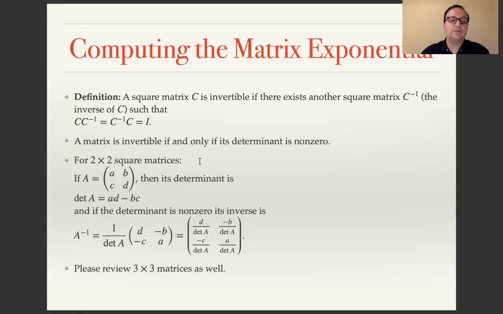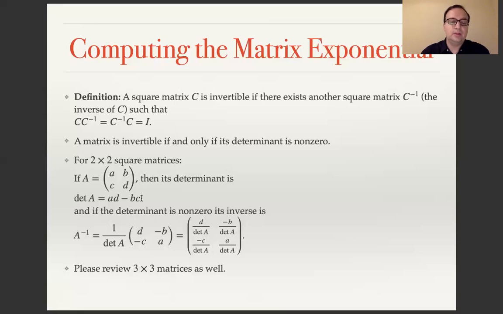Let's look at this for 2 by 2 square matrices, so square matrices of dimension 2. Let's consider a square matrix capital A with entries a, b, c, d. Then the determinant of A is ad minus bc.